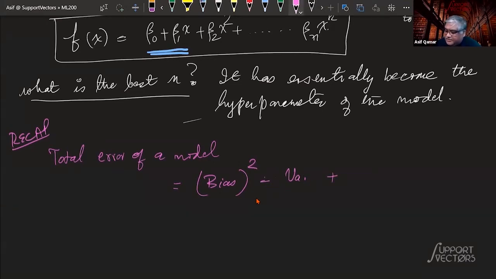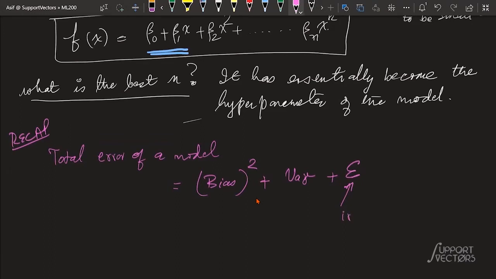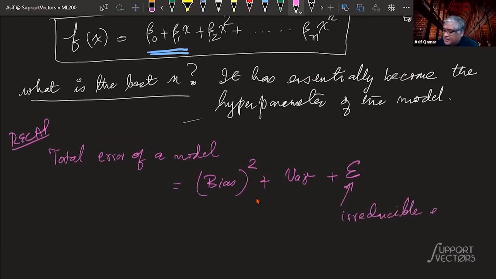The variance error plus what, guys? Do you remember? Irreducible error, right? Thank you, Kate. Irreducible error captures noise as well as that which you don't know, that which the model doesn't know. So see, if you try to reduce bias, variance increases. Are we together, guys? That has been the bias variance trade-off.